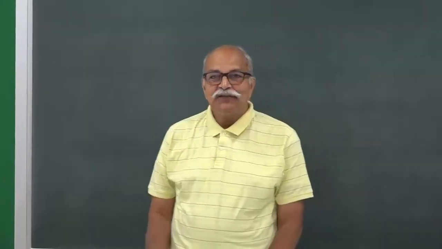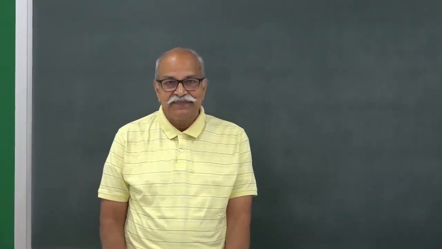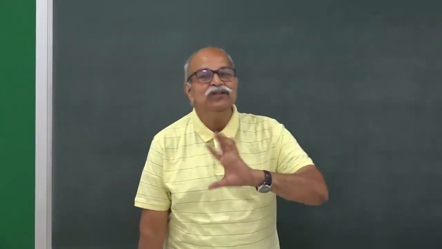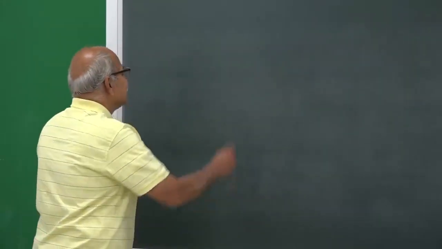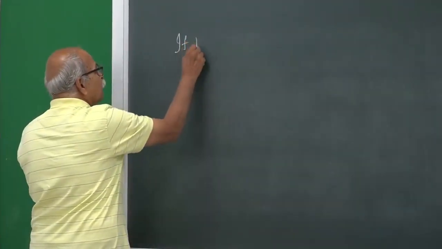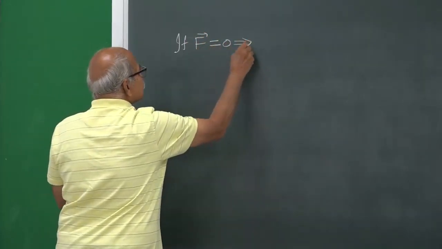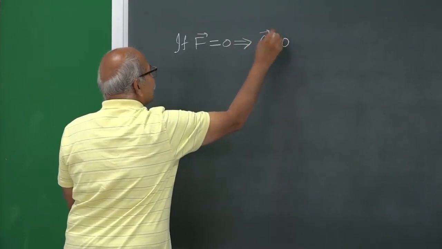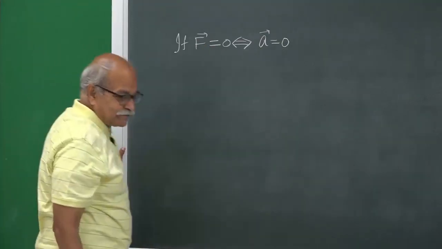frames. So, I had already talked about inertial and non-inertial frames. Newton's first law is kind of a definition of an inertial and non-inertial frame. If F is 0, that implies that the acceleration of the particle is 0, and if acceleration is 0, that implies that force is 0.